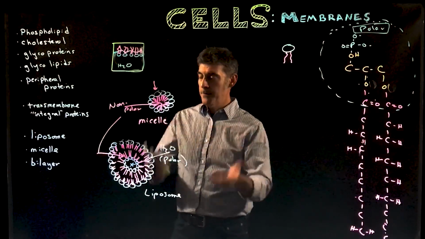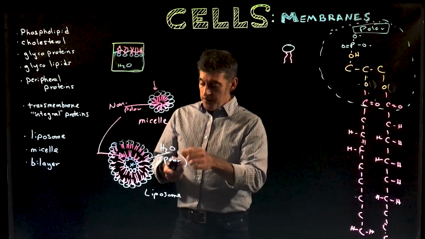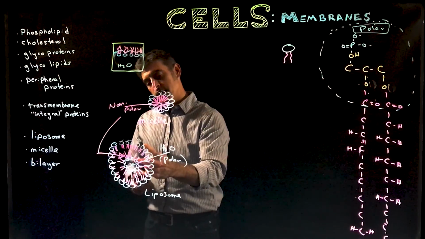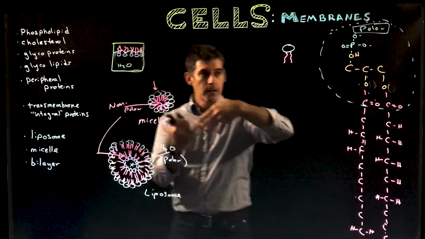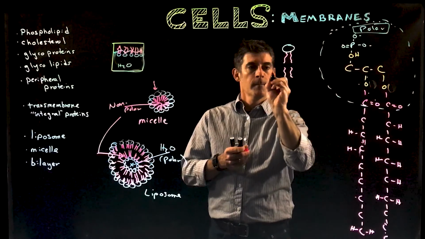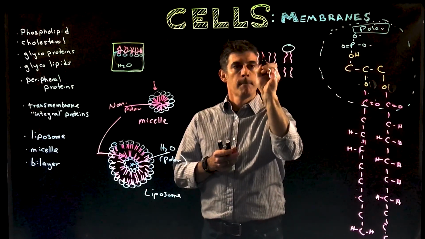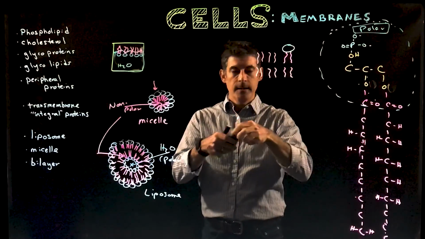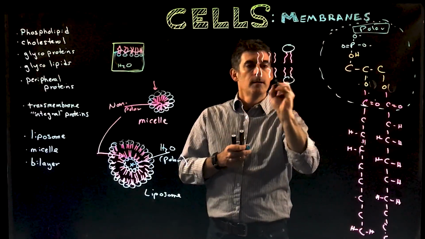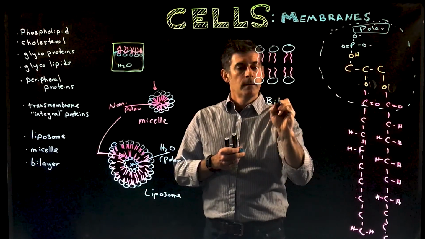In nature, you can mix up phospholipids and form liposomes. What the liposome just formed, though, as you can see here, is phospholipids oriented opposite one another, the tails orienting like this into what we call a bilayer.